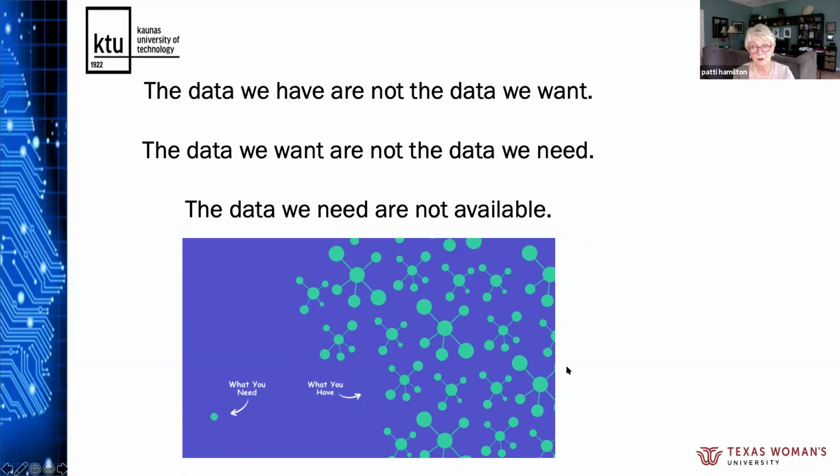So here are all the data we have now in this fourth industrial revolution. But there's a spot out here that we really need, but we just don't have a way yet to get our hands on it.